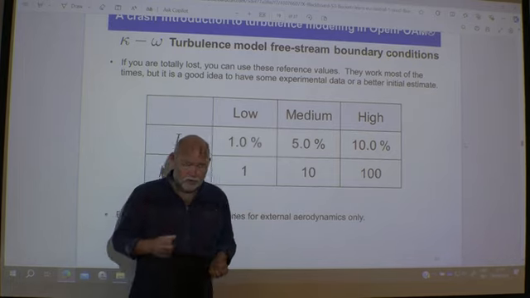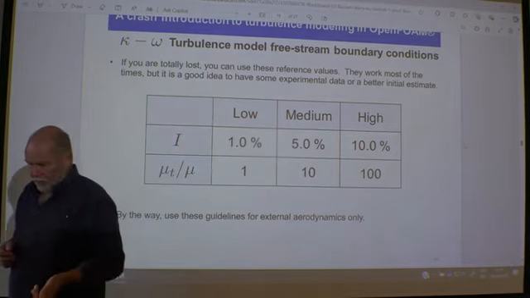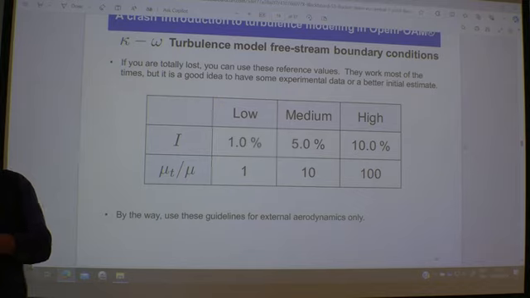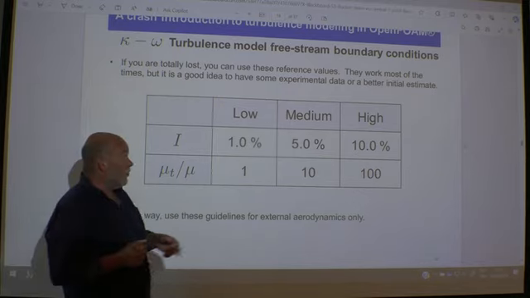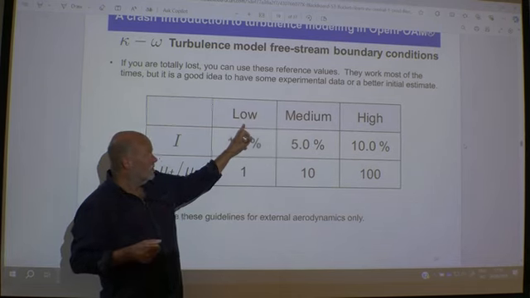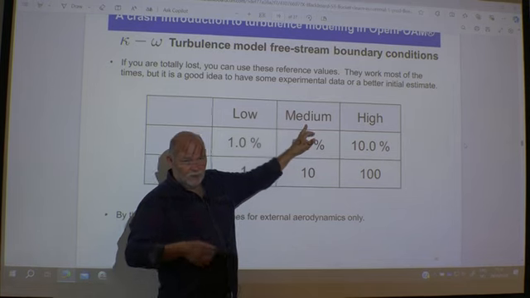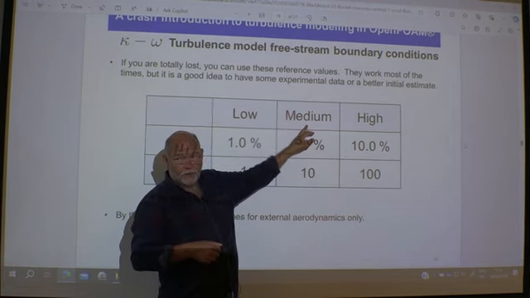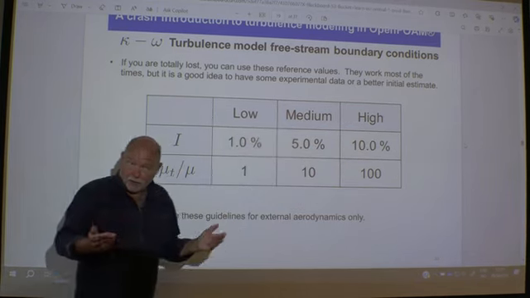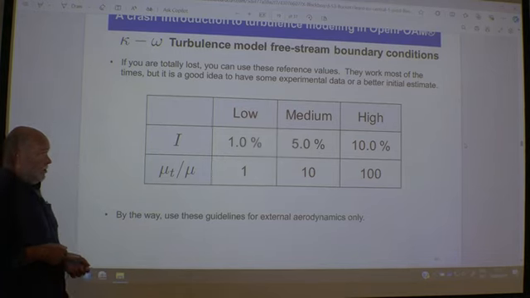For instance, in a pipe flow, 2,300 is sort of the limit between laminar and turbulent. So if you have a Reynolds number of 3,000, you are in this range. Low Reynolds number, but still turbulent. Then medium, up to, say, 10,000, 50,000. High, 1 million, something like that. Depends on the problem. So it's your headache.